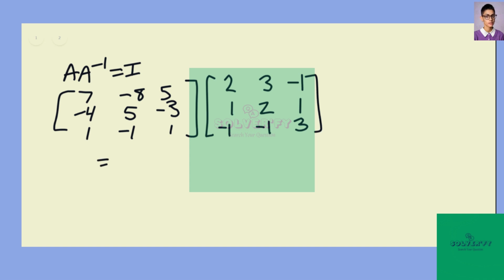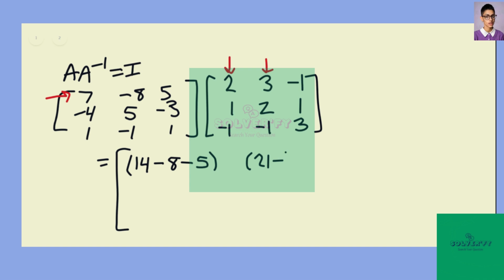And then following the exact same process, where we start with the first row and first column, we get 14 minus 8 minus 5. And we move on to the next column, same row: 21 minus 16 minus 5.